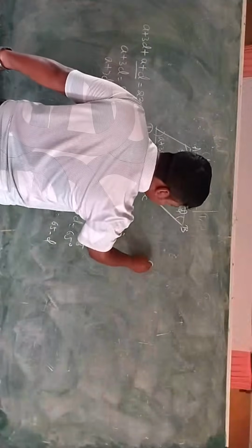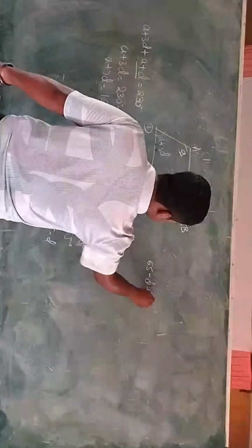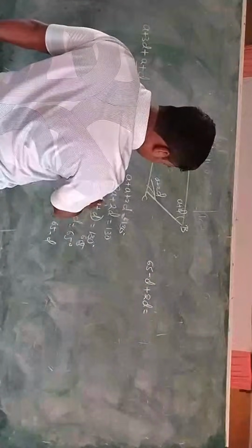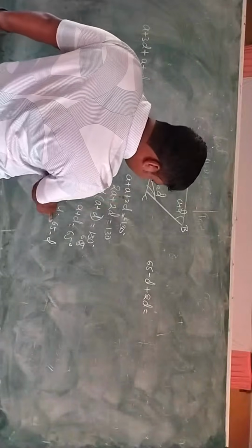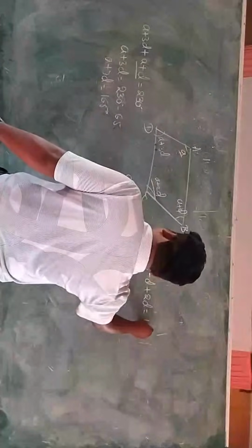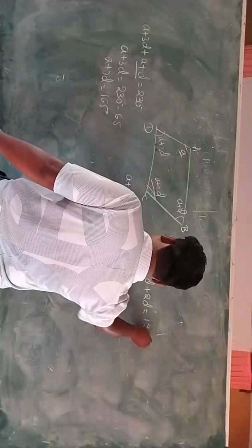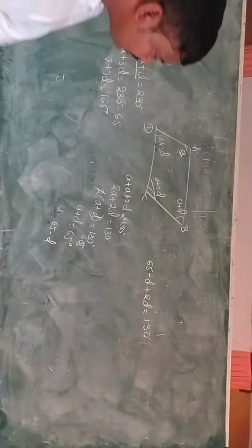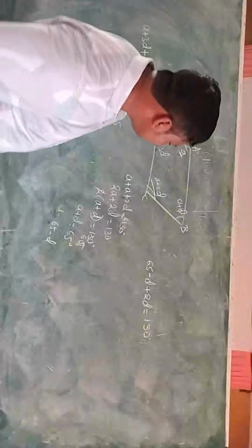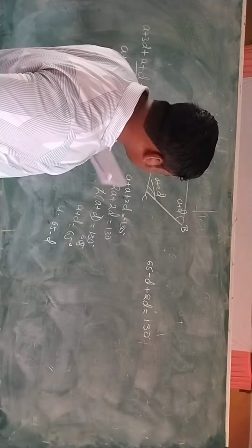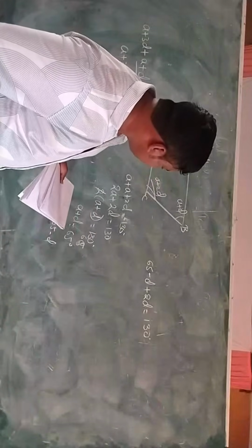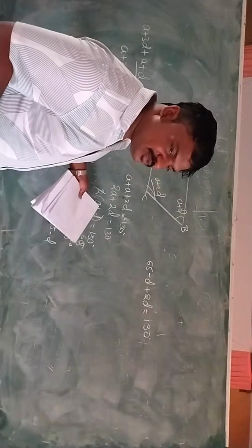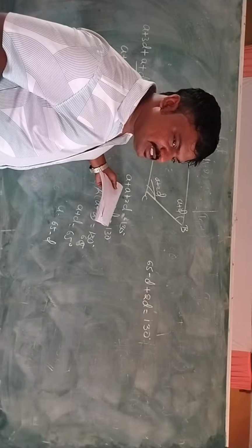Substituting this into a plus 2d equal to 130 will not work, since it is derived from the same equation, and you will get an error. So what to do?